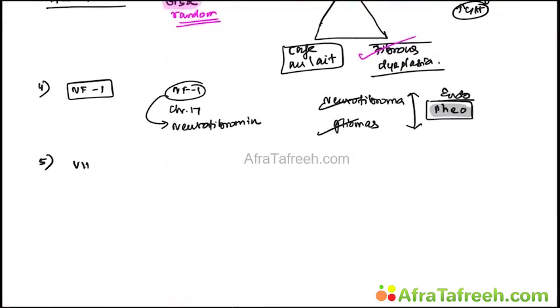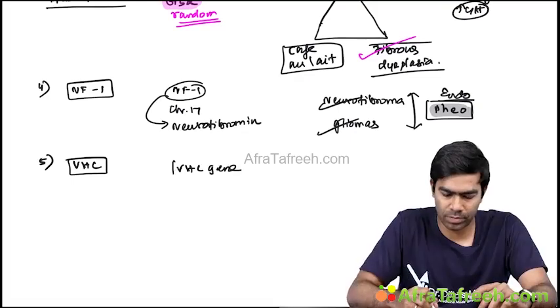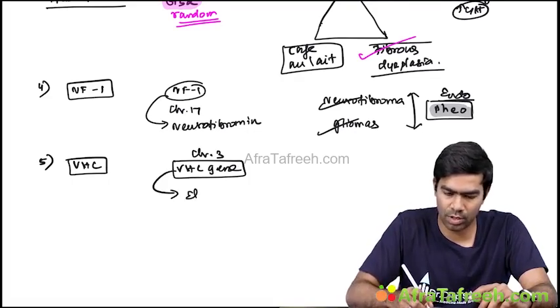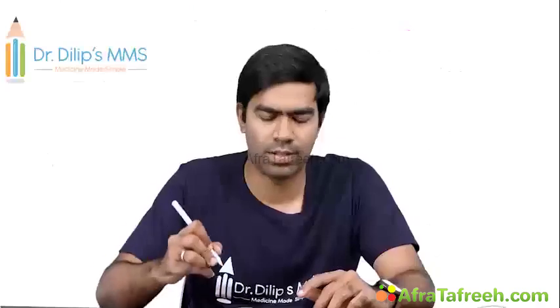you have von Hippel-Lindau syndrome. You know it is due to mutation of the VHL gene, which is present on chromosome number 3, and the product of this VHL gene is something called elongin. Elongin is the product. So VHL is going to be associated with multiple different tumors.